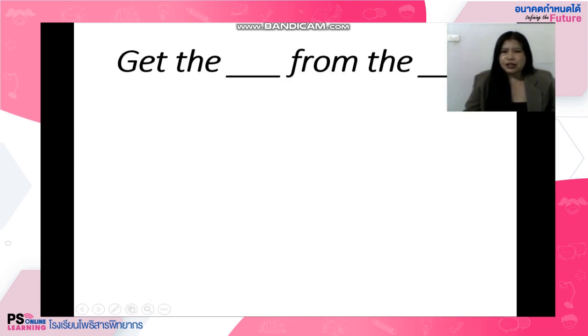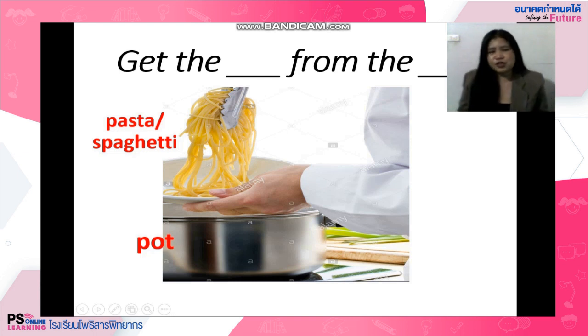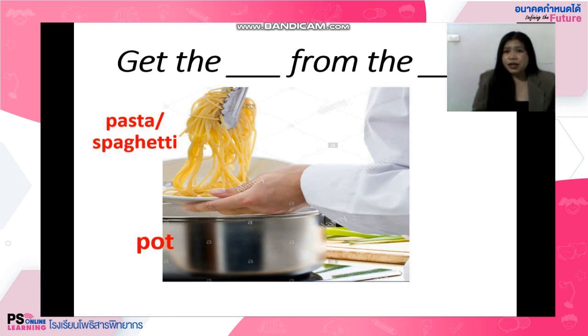So get the ___ from the ___, this is the photo. Look at that. Okay, that is pasta and spaghetti, and this is the pot. Okay, you can say pasta, or you can say spaghetti, or you can say noodles. A while ago, I showed you put, right? Here it's get. Remember, it's not put, it's get. Get the ___ from the ___.